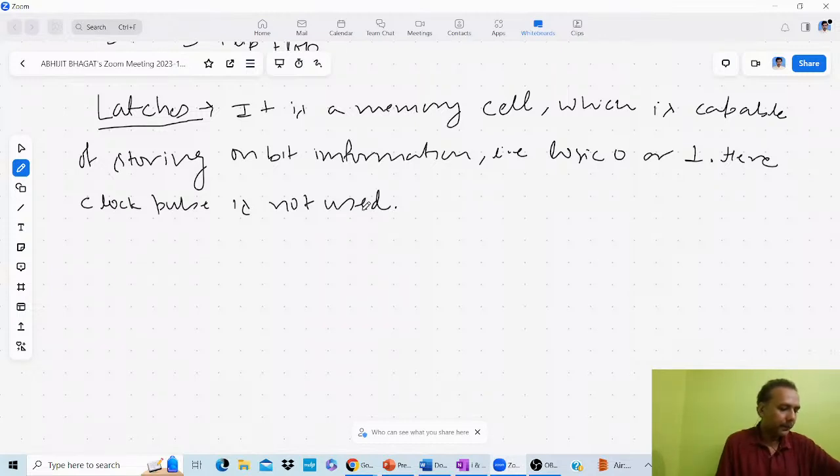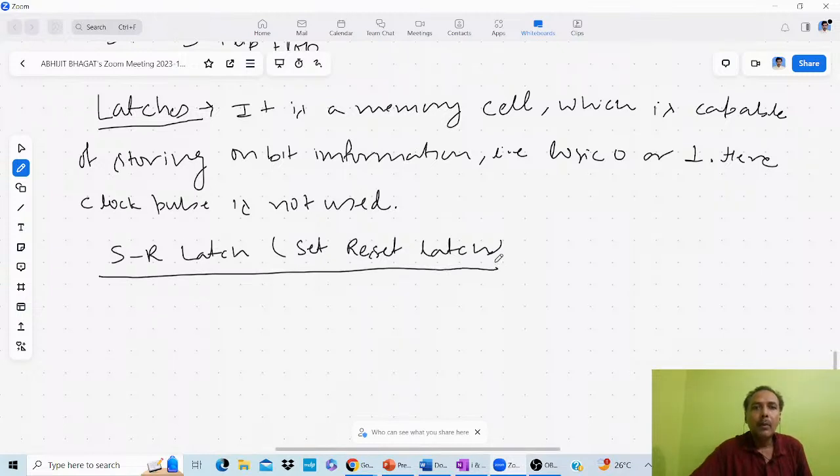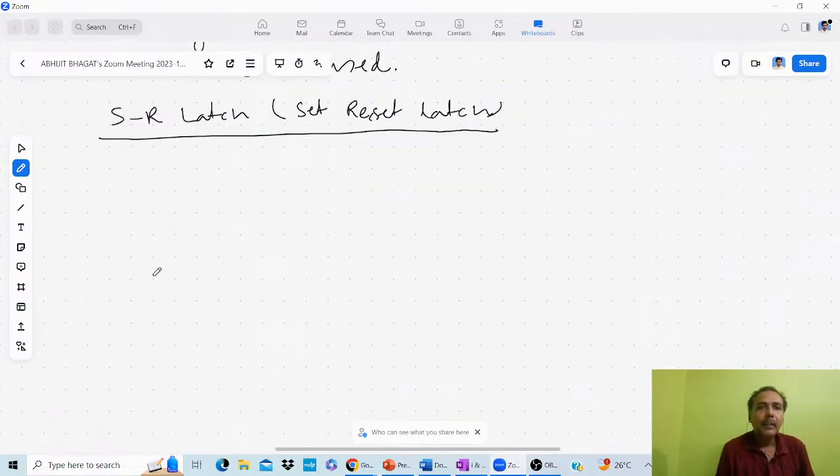Okay. So next topic, I will discuss the latches. First, there is the SR latch, and it is also called the set reset latch.